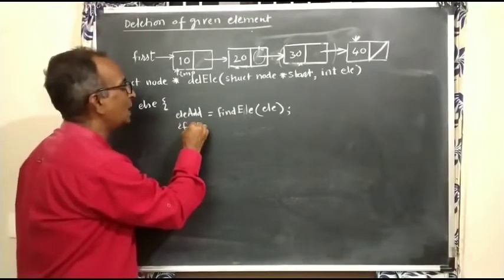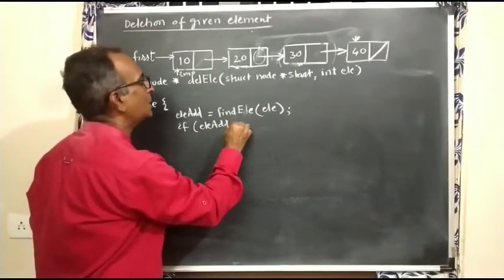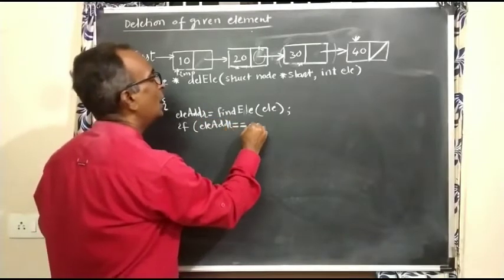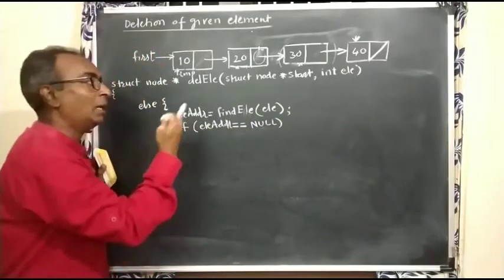So what I can check: if element address is equal to null, what does it mean? The element is not there.